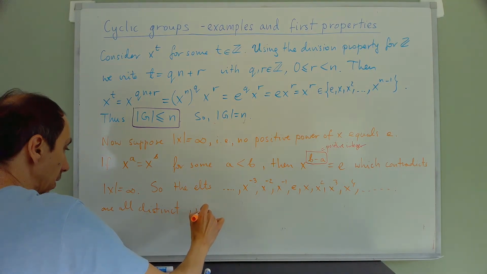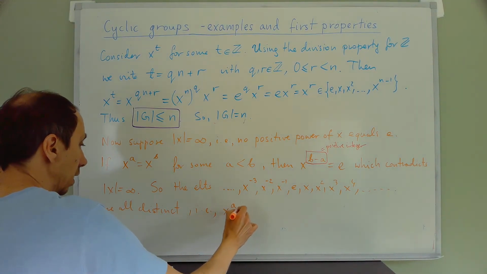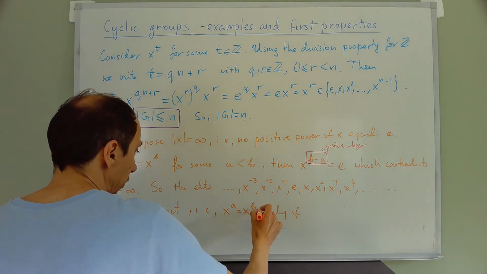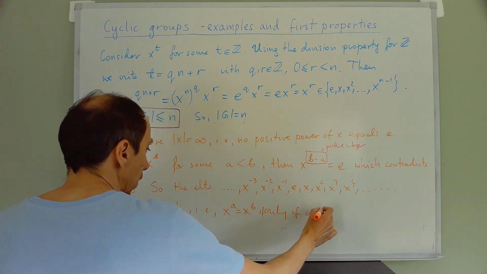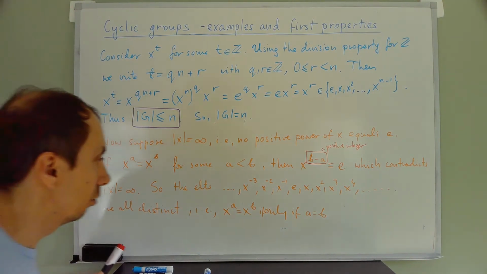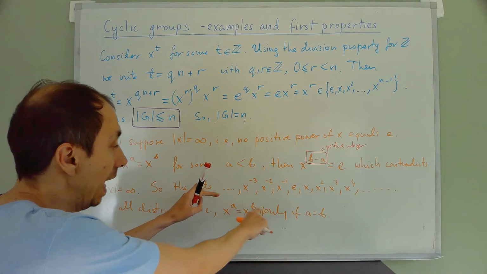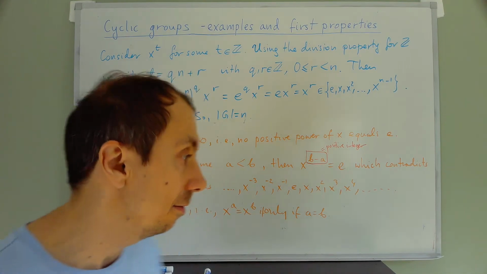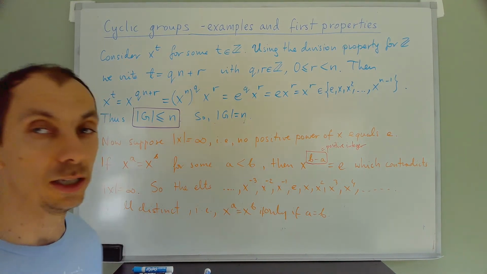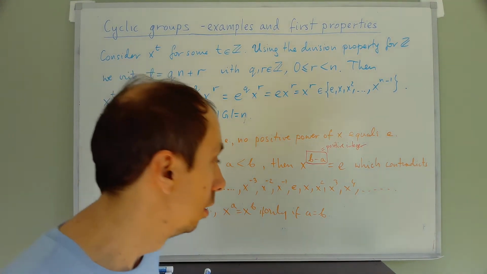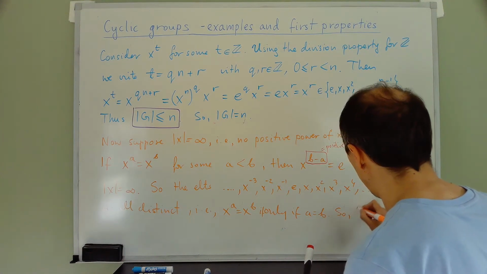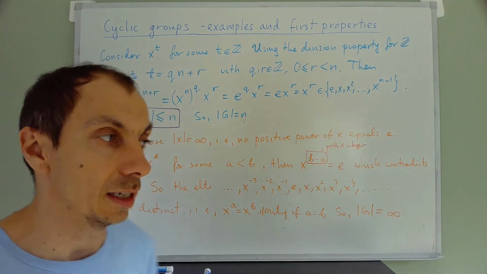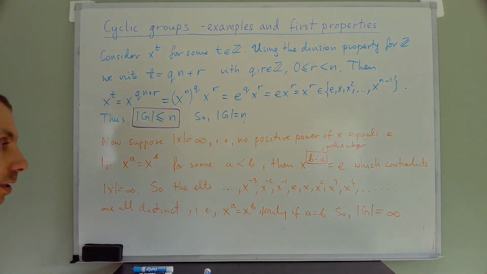I.e., x to the a can equal x to the b if and only if a is equal to b. So when a isn't b, I get different elements. How many different a's and b's do I have? Well, infinitely many, right? a and b can be any integer. So that means G has infinitely many elements. So in this case, we get that G is infinite.